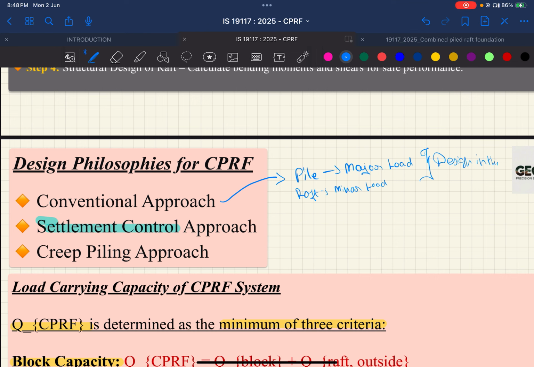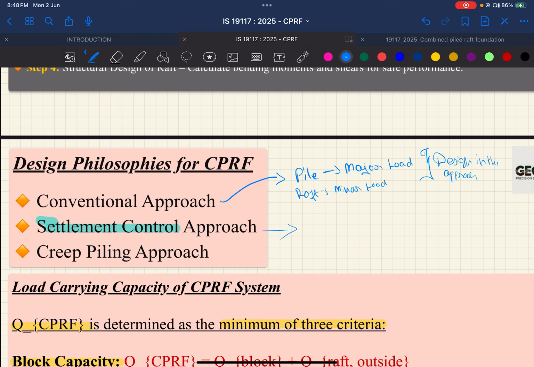In the conventional approach, the piles are designed to carry the full structural loads, with the raft mainly providing construction convenience or minor contributions. This means the effect of raft won't play a major role in conventional approach at all.